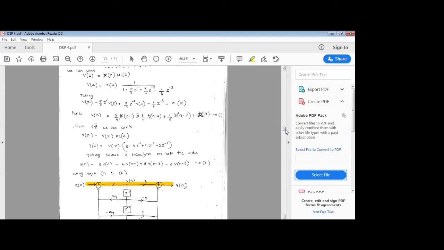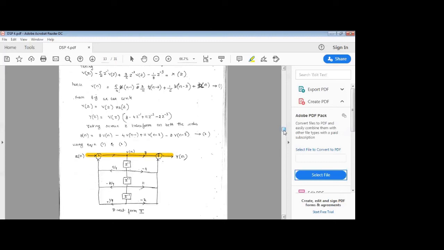The next thing I'm trying to write is equation number 1 and equation number 2 separately. In equation number 1, if you see how my v of n is related, this v of n is equal to 5 by 4 into v of n minus 1. So I'm just trying to take the delay elements. That is, we need 3 delay elements.